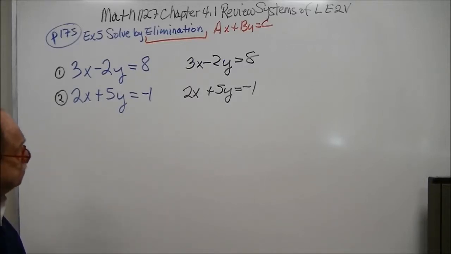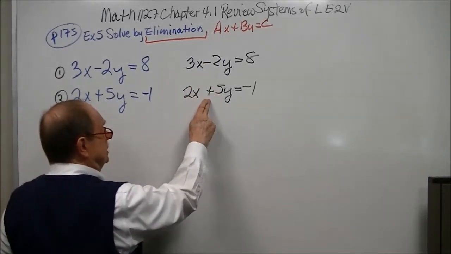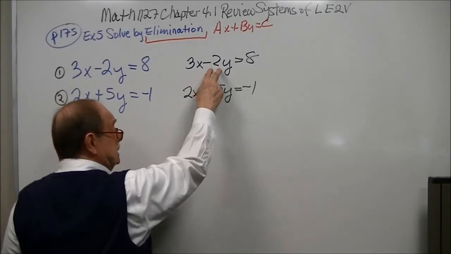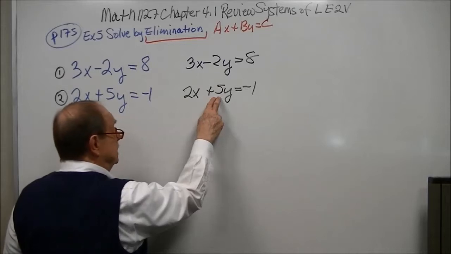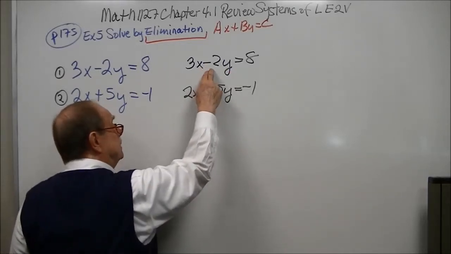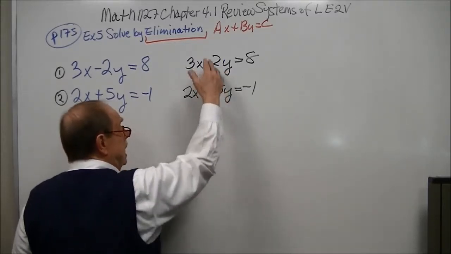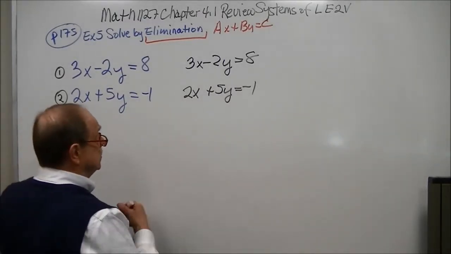Well, I see here a negative and there a positive. If this number was a little larger, if this were, let's say, a 10, and this were a 10, a positive 10y and a negative 10y, that would cancel out. So this is what I'm going to work on.